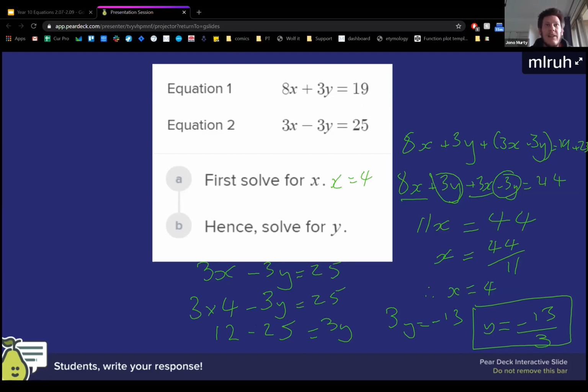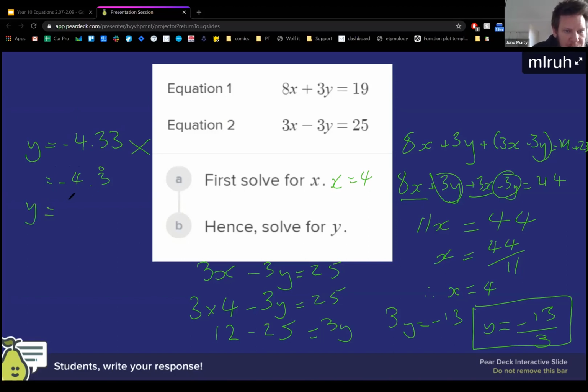Now, just quickly, this answer here, y equals minus 4.33. If you were to enter that into Mathspace, you would be marked wrong, because this has been rounded. Unless it's been stated, you need to give the exact value. So you could answer it like that to show the recurring decimal.